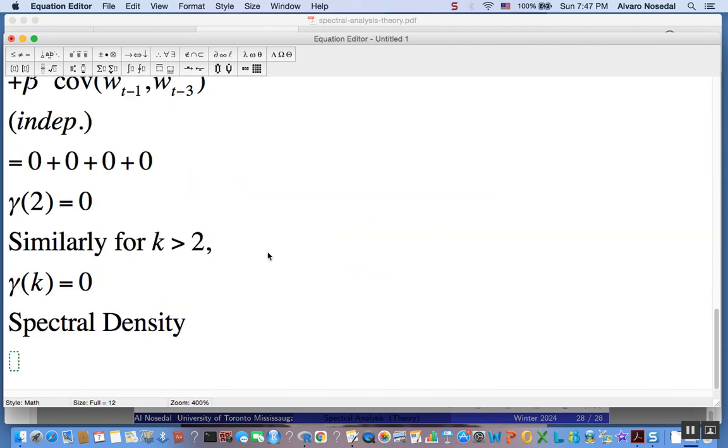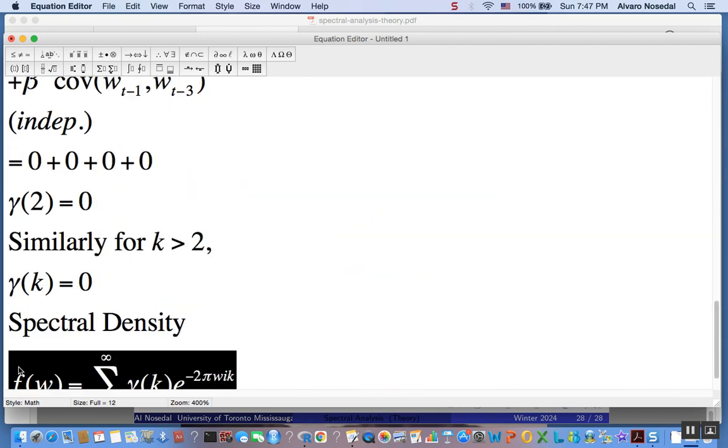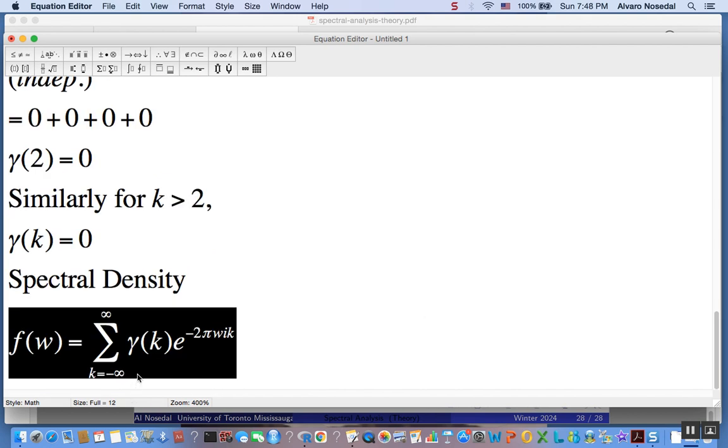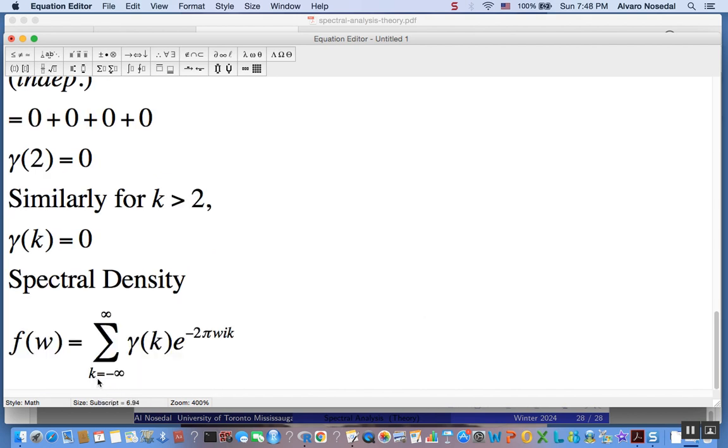So f at w is the summation, k goes from negative infinity to infinity of gamma at k, the autocovariance function at lag k, times e to the negative 2 pi i w k.